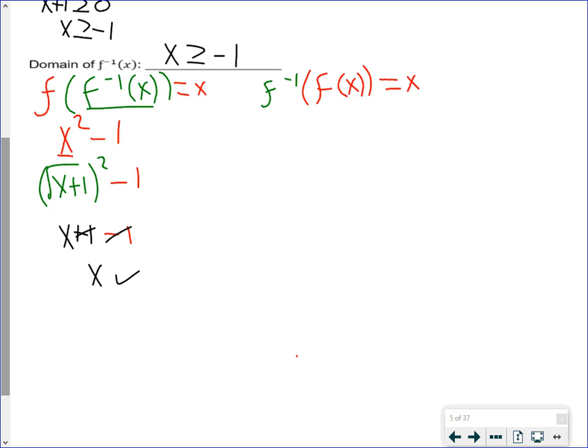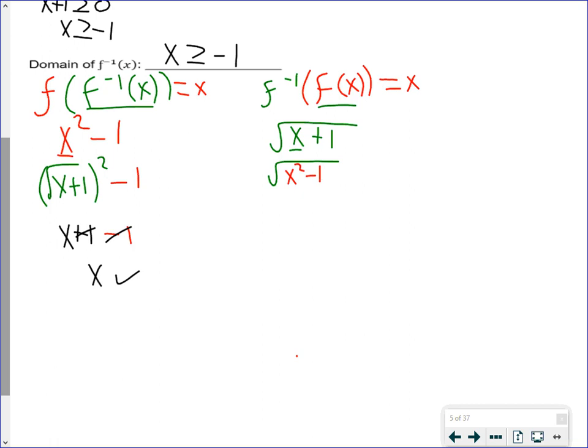Now for the f inverse of f of x, we have the inverse function, which we said was the square root of x plus 1. And now we're going to replace every x with our f of x. So the x is going to change into our f of x function, which we said was x squared minus 1.